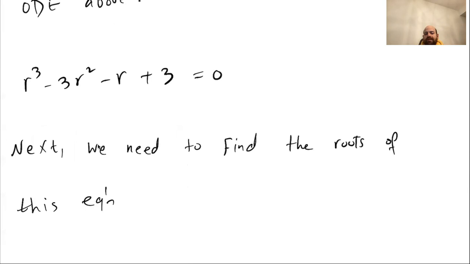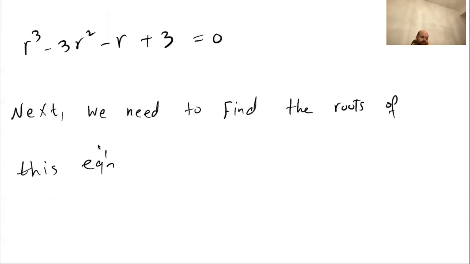If we find one root that way, then we can divide this polynomial by r minus that root using the long division algorithm. And then we will find the other factor, and then we can find the other roots as well. So this is how we solve a cubic equation you learned in pre-calculus.